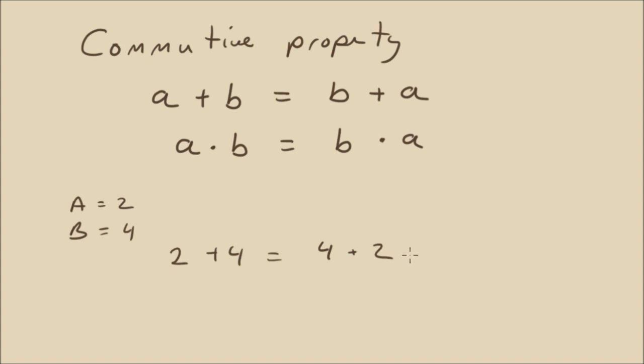So 2 plus 4 equals 4 plus 2. 2 plus 4 is 6, oddly enough. 4 plus 2 is also 6. So yeah, they're equal, and it's all pretty straightforward.